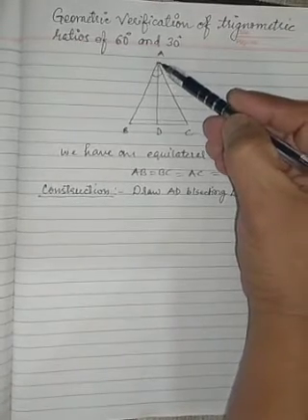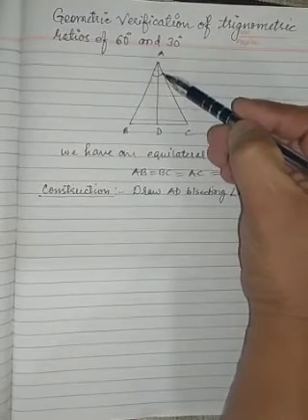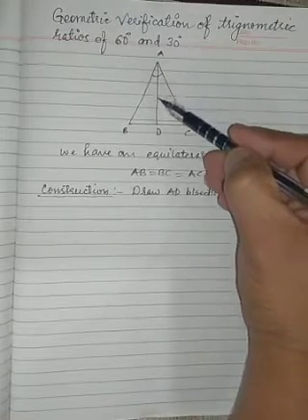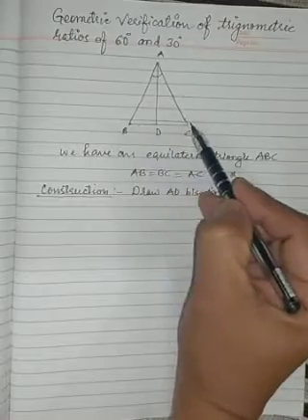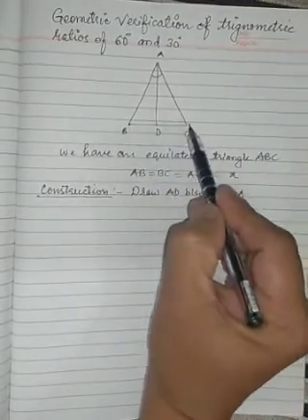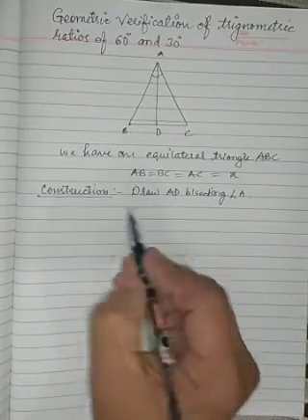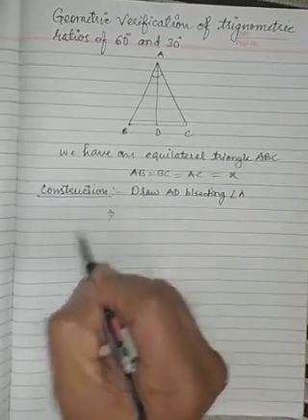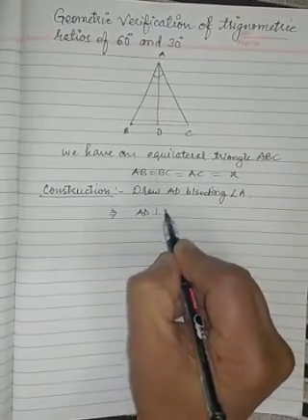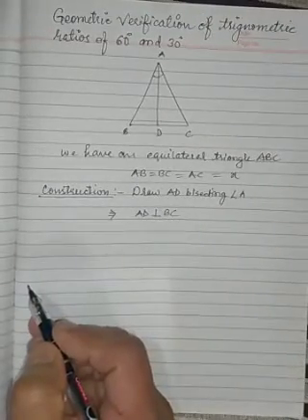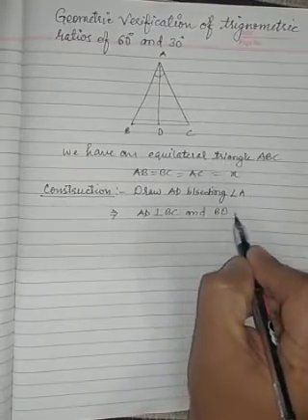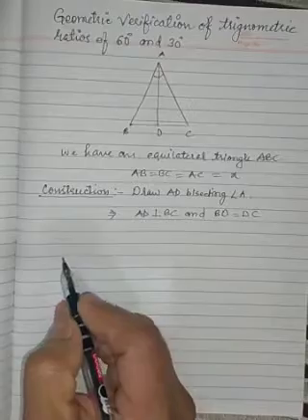If we draw the angle bisector from any vertex, then this angle bisector perpendicularly bisects the opposite side. That means AD is the perpendicular bisector of BC. So from here we get AD perpendicular to BC, and also BD equal to DC.